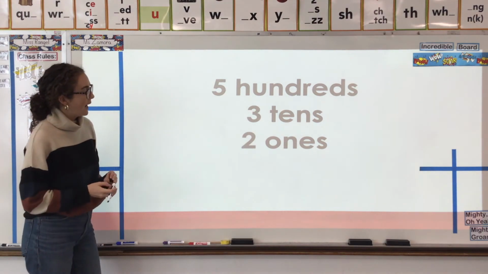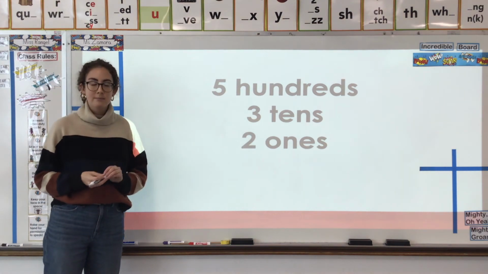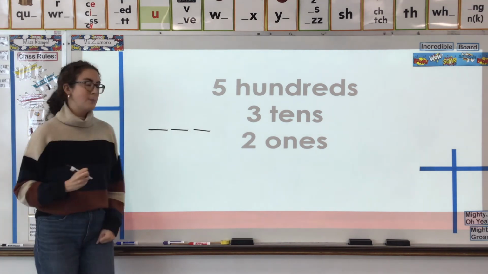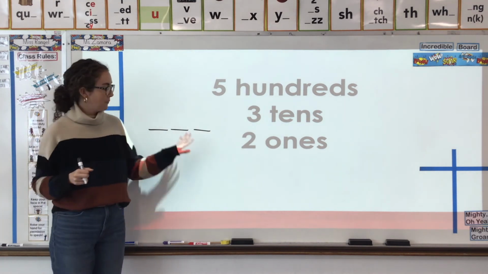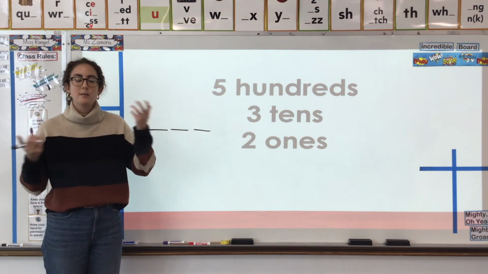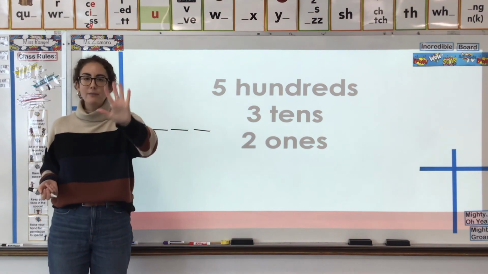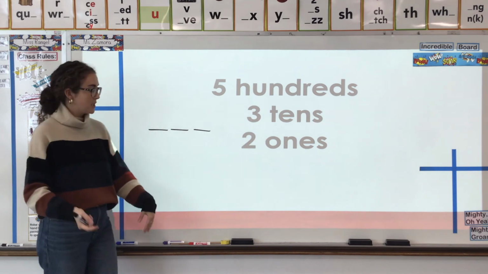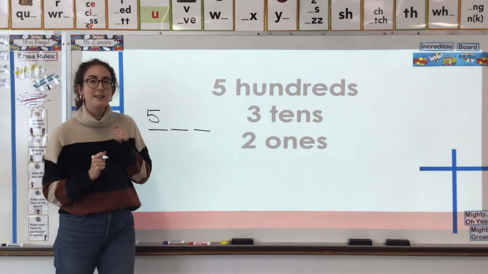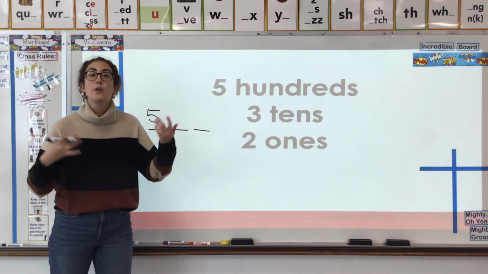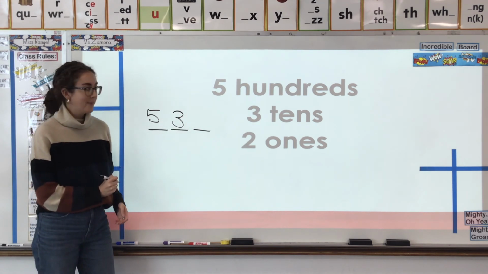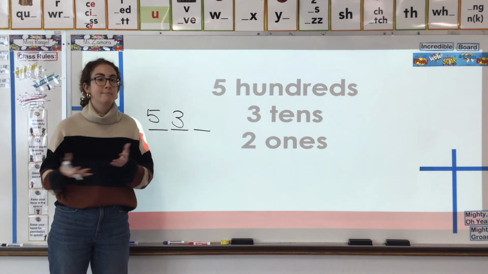So let's see. We've got hundreds, tens, and ones. 3 digits. So I'm going to write 3 little spaces for each digit. Okay. How many hundreds are there in this number? 5. So we're going to write a 5 in the hundreds place. Exactly. How many tens are there? 3. So that digit has to hold in the tens place. And then how many ones are there?